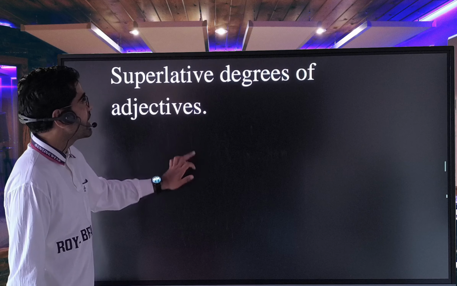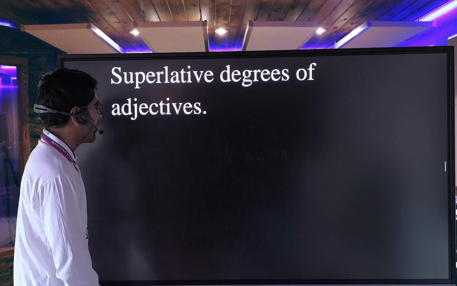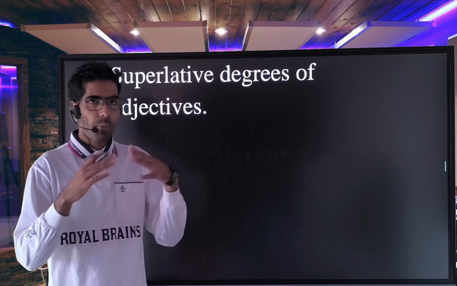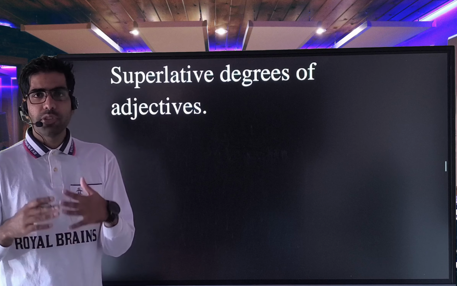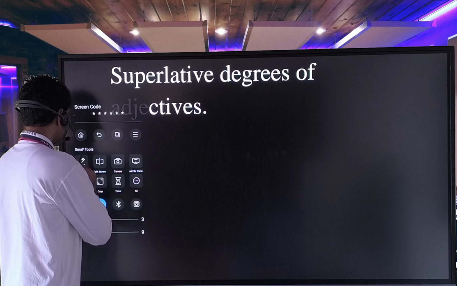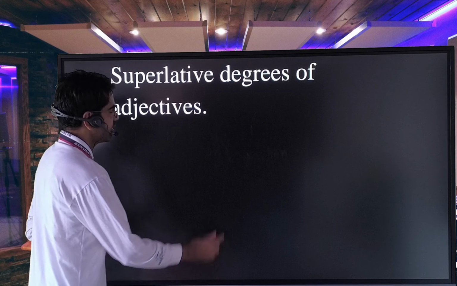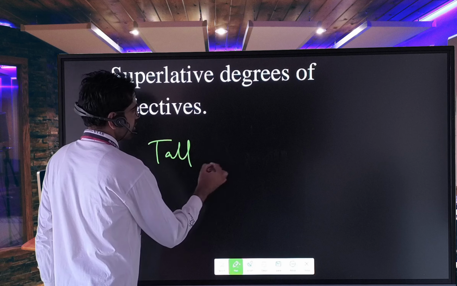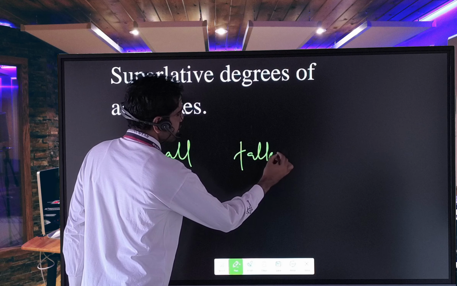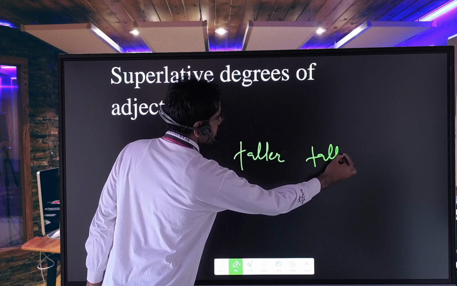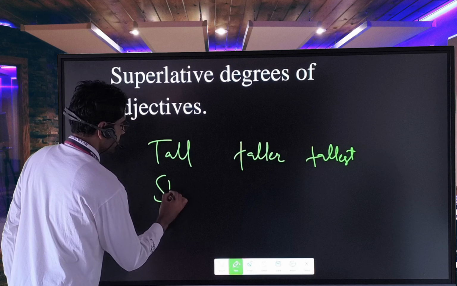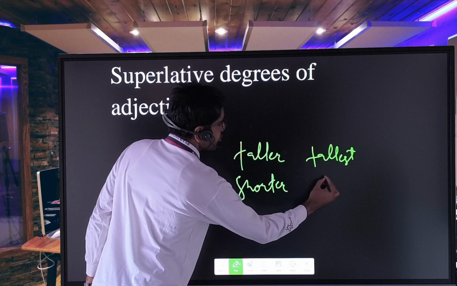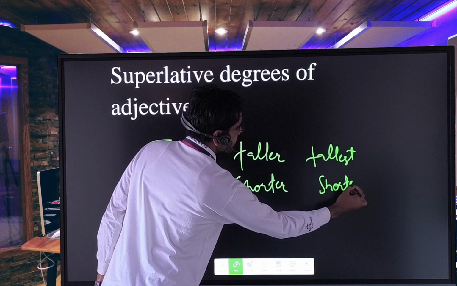Now one more thing, superlative degrees of adjectives. As you know that we have 3 degrees in adjectives: positive, comparative, superlative. For example, tall, taller, tallest, short, shorter, shortest, okay.